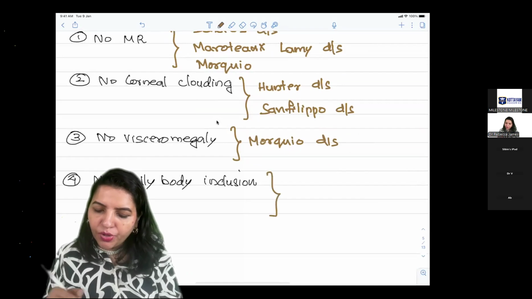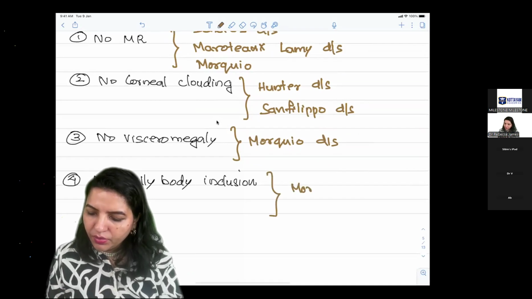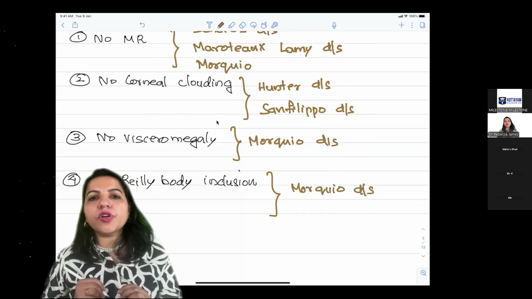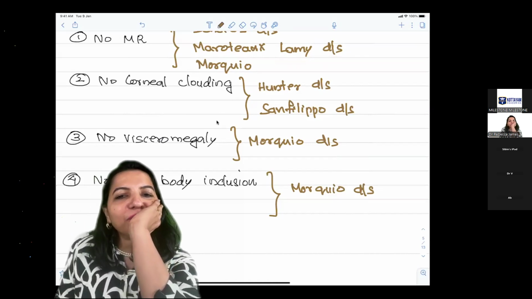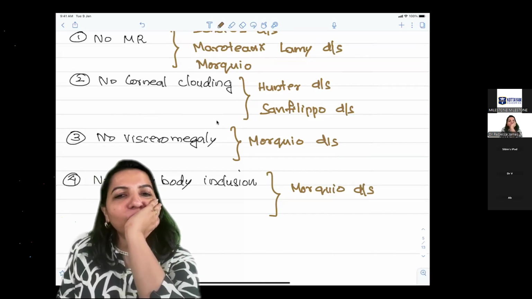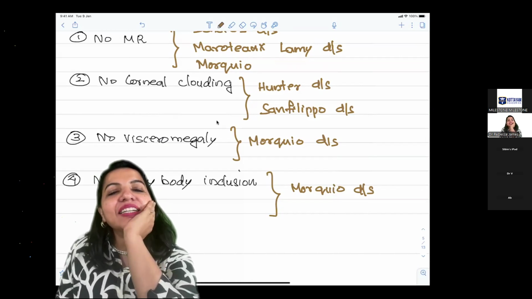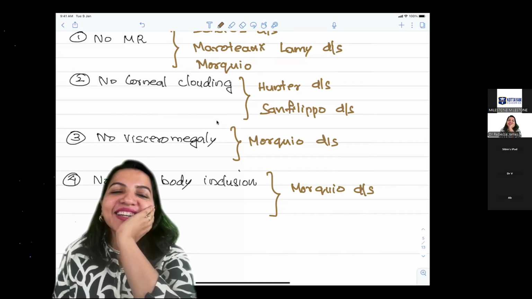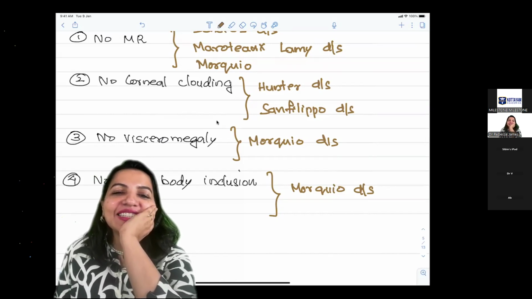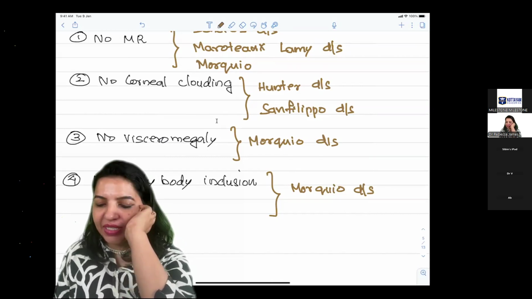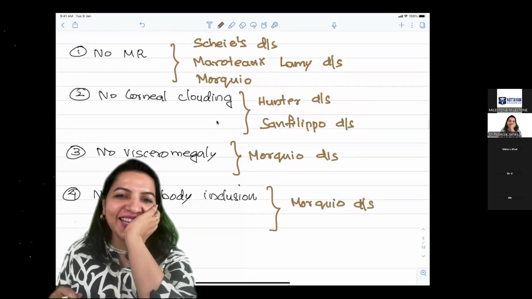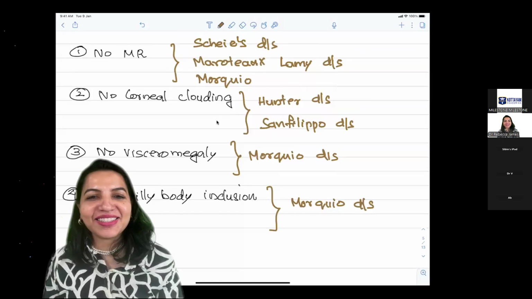Then no Reilly body inclusions: again Morquio disease. No mental retardation in Scheie. M stands for Morquio and Maroteaux-Lamy, and Scheie is just Sneham.